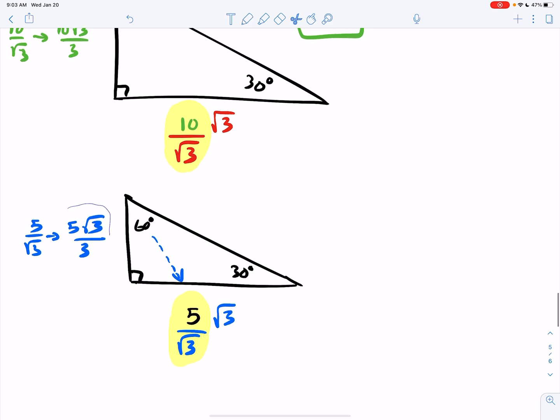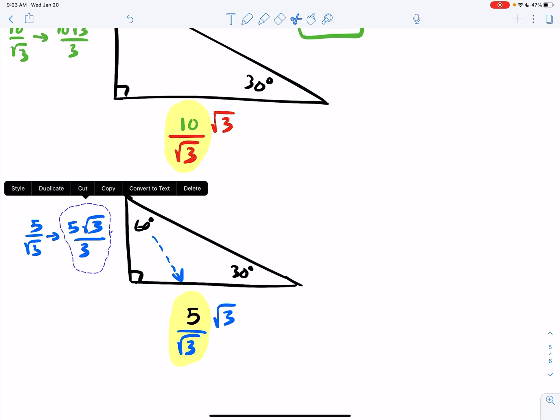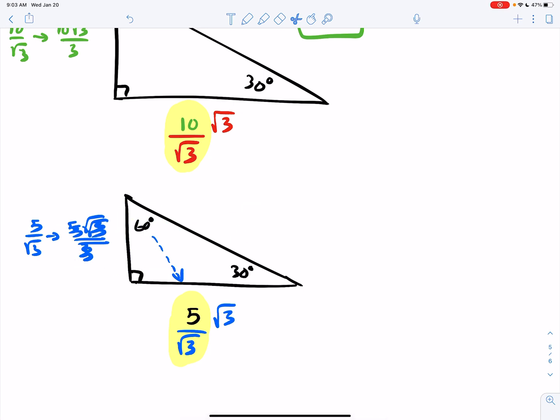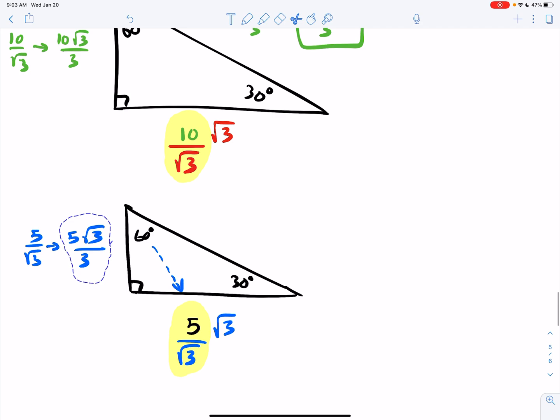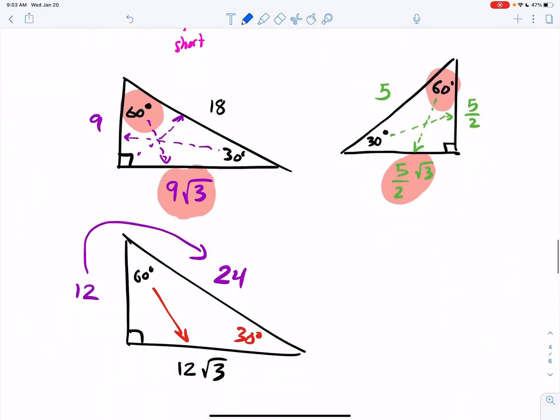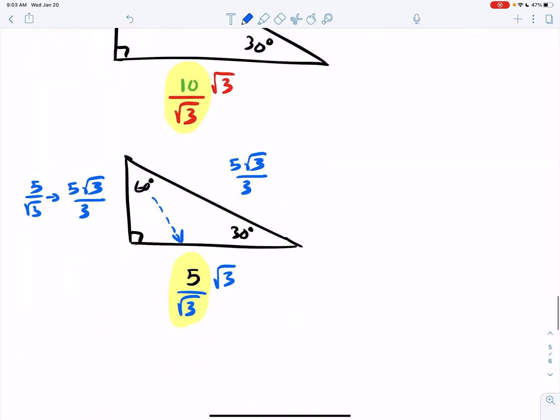I know that my hypotenuse will be double my short leg, so that's just going to be 2 times that. So that's just going to be 10 radical 3 over 3. Okay?